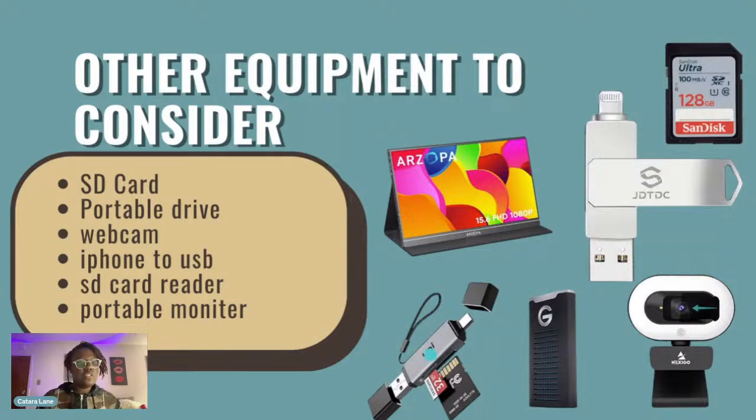Another thing you can use is an iPhone to USB drive. Now, this drive, I got it off of Amazon. It basically connects to your phone as well as your computer, so it connects to both at the same time.